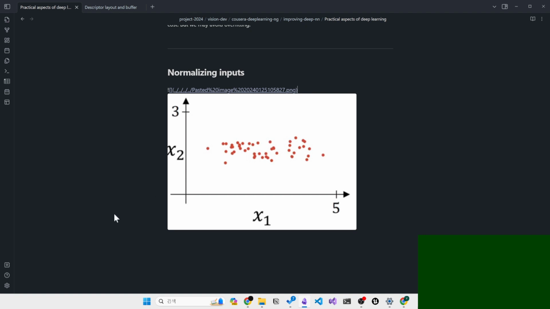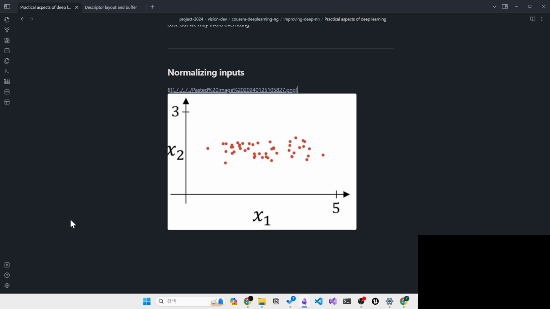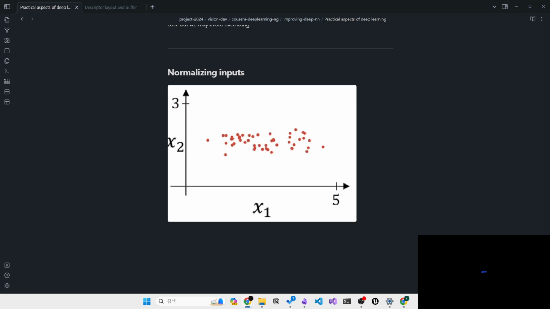And then the second step is to normalize the variances. Notice here that the feature x1 has a much larger variance than the feature x2 here. So what we do is set sigma squared equals 1 over m sum of x^(i) ** 2, which I guess is element-wise squaring. So now sigma squared is a vector with the variances of each of the features. And notice we've already subtracted out the mean, so x^(i) squared, element-wise, is just the variances.